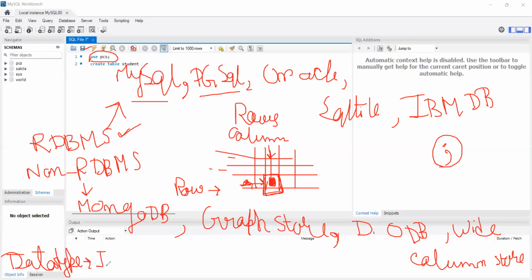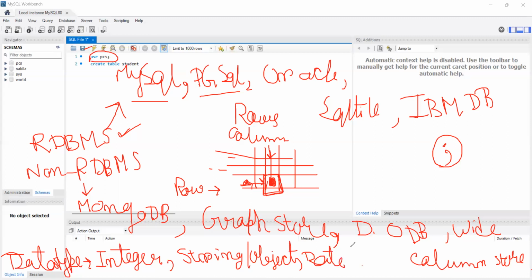It's very easy. Integer. Okay. The next one is string or object data type. Then there will be date and time.